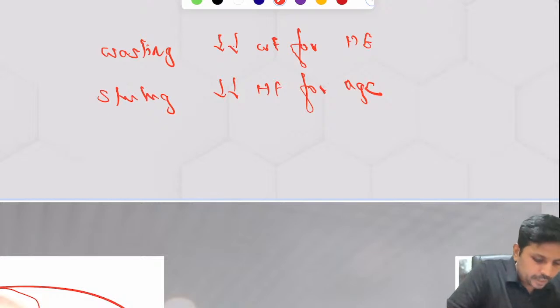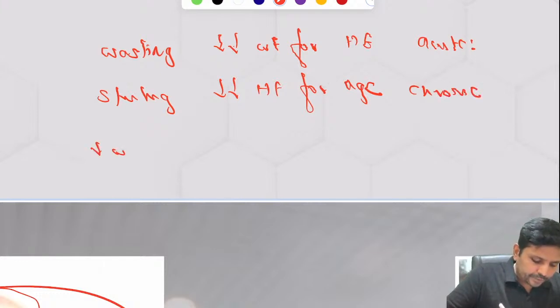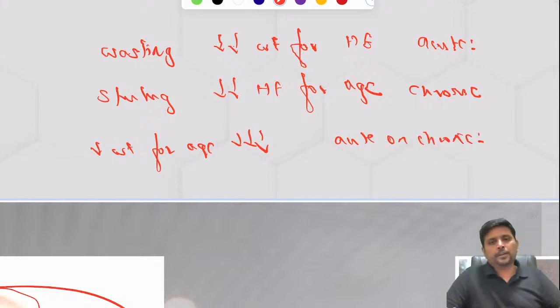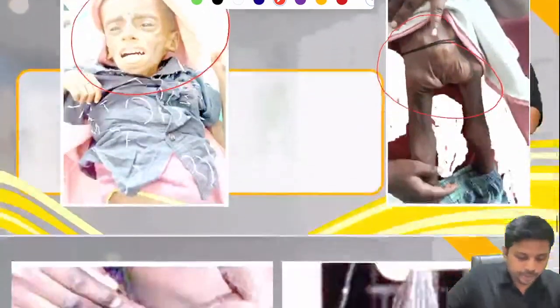Wasting indicates acute malnutrition. Stunting indicates chronic malnutrition. When you have reduced weight for age, it is due to acute on chronic malnutrition.